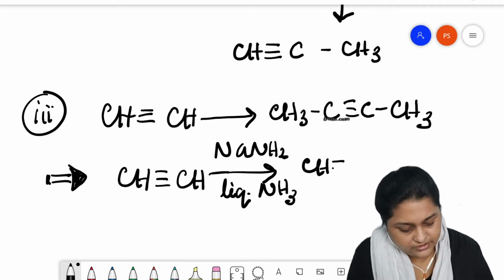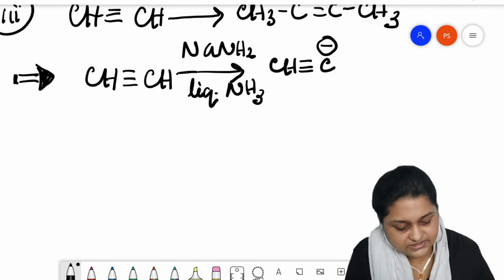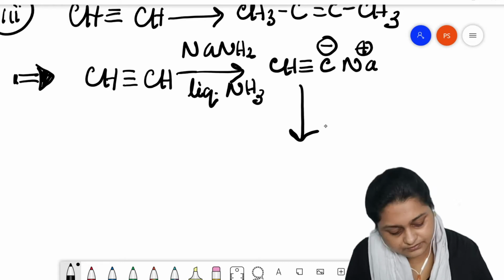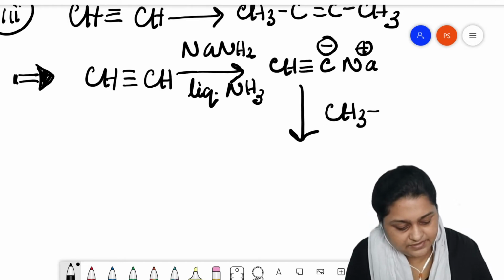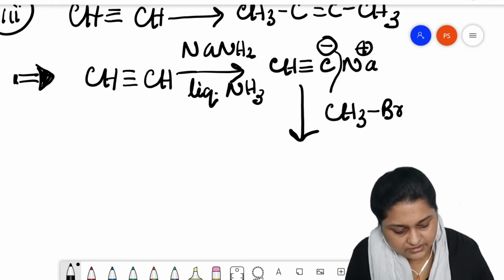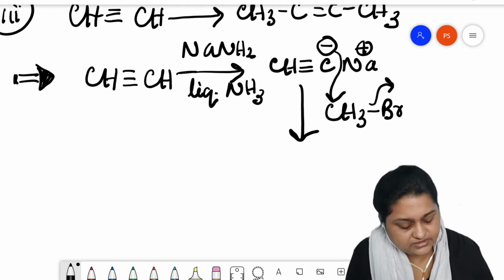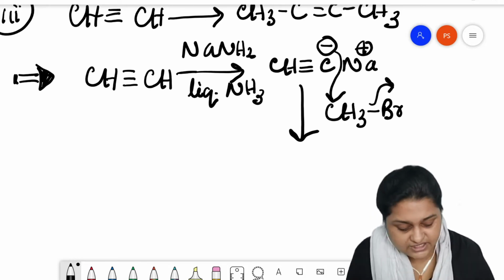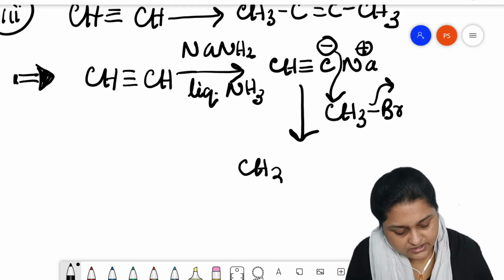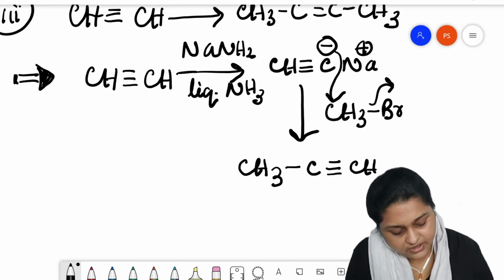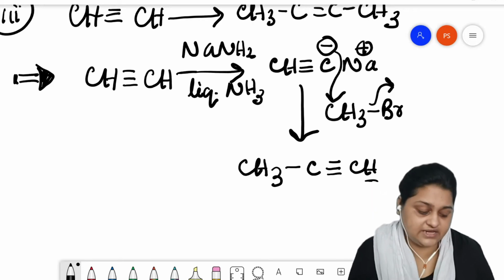This will remove one of the acidic hydrogens first, leaving this nucleophile. When CH3Br is mixed in the medium, a nucleophilic substitution reaction occurs, producing this particular product. Now there is another acidic hydrogen left.